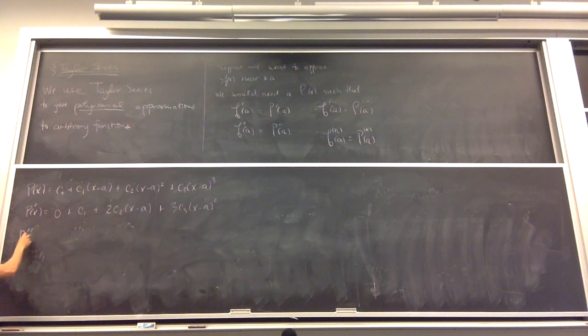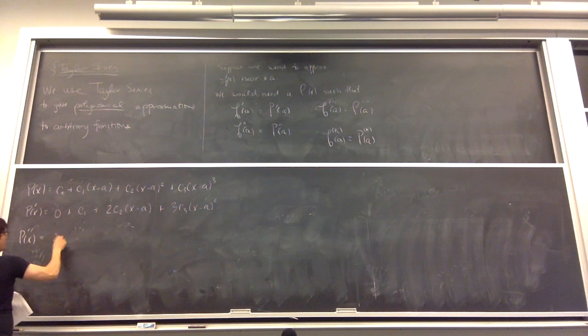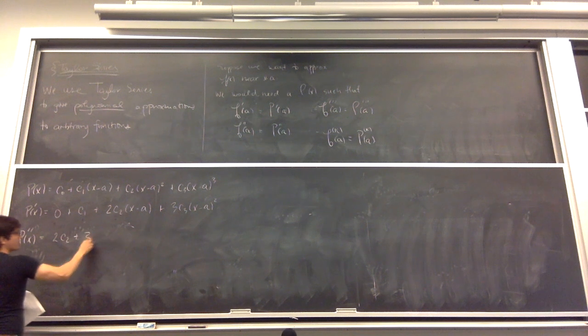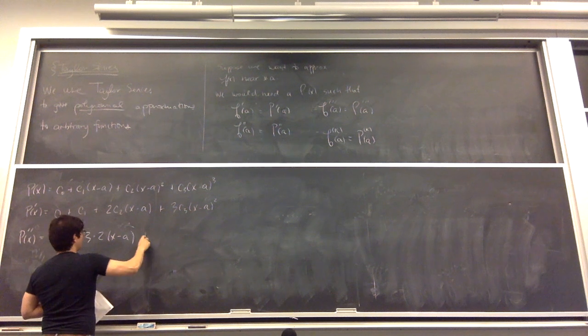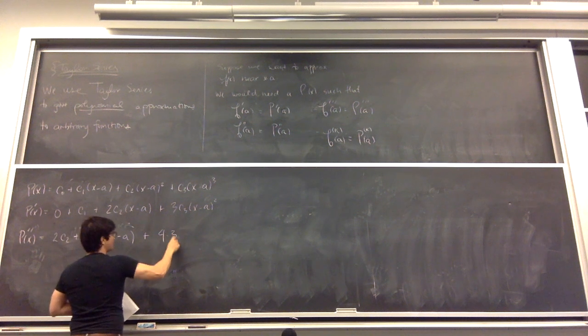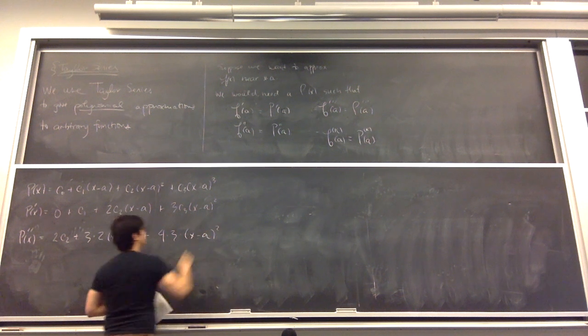Second derivative is this. Well, 0, 0, and then this. So we get 2C2 plus 3 times 2 times (x minus a). I'm going to write the next term. That would have been 4 times 3, and we're going to have an (x minus a) squared.